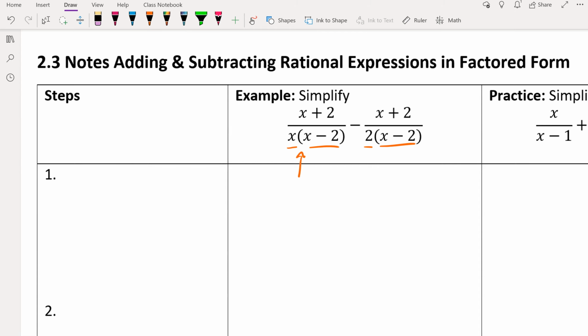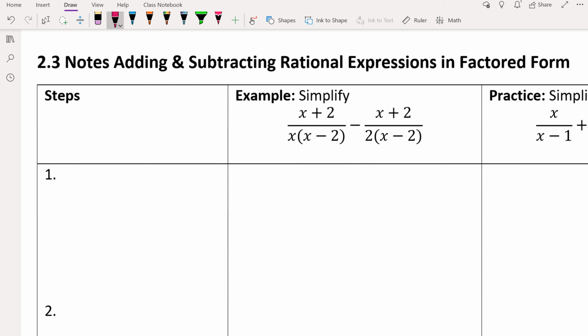That's what I mean by factored form, and factors in the numerators, right? So that's why it's adding and subtracting in factored form. But we're going to pretend as if we don't have factors, because eventually we're not going to necessarily have factors. So the steps that we write down on the left, they're going to be for just adding and subtracting in general, even if you don't see factored form.